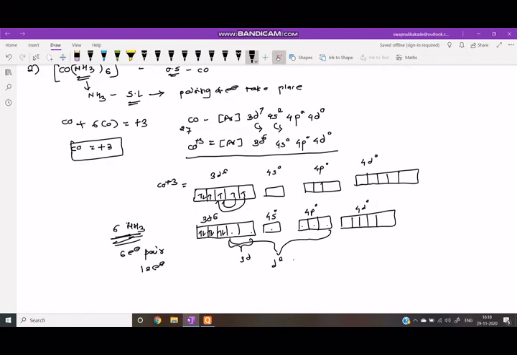It forms d2sp3 hybrid orbitals, and we get these 5 orbitals remaining.